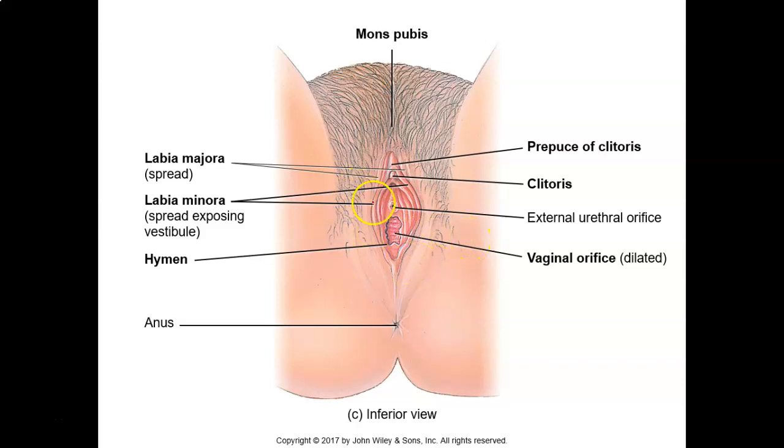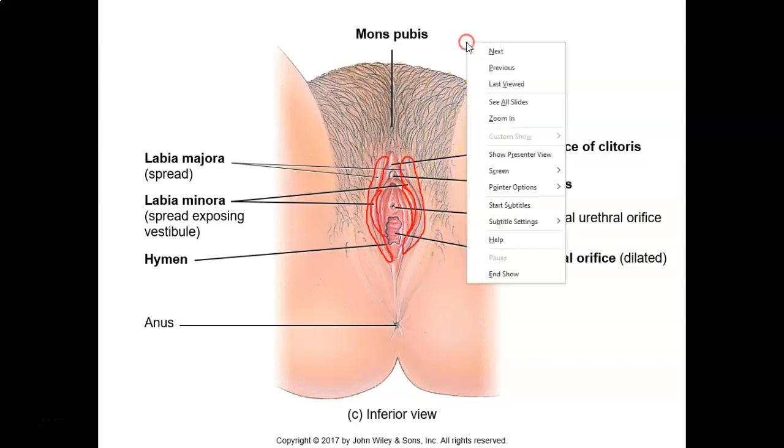Now, to the side of that, we see these folds here, as well as here. These are called the labia minora. And then to the side of that, larger folds here and here are the labia majora.